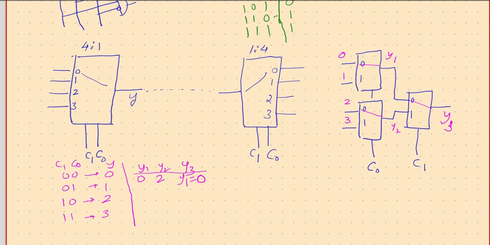Okay, next, for 0 1. C1 is 0, C0 is 1, then this continues to be 0 and this becomes 1. That means this is connected like this. So from Y3 it goes to Y1 and from Y1 it goes to 1.